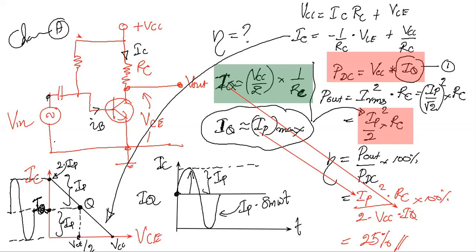To be a class A amplifier, you have to select the middle point of the load line and then fluctuate your IC current with respect to that point, and just try to utilize the whole span.